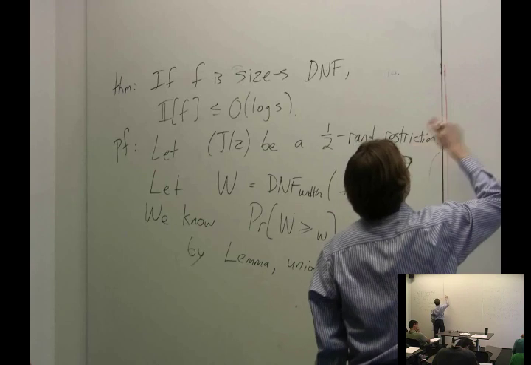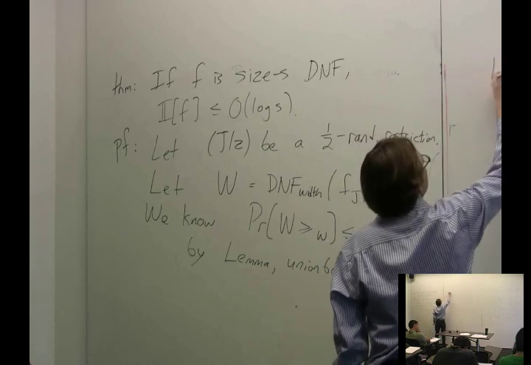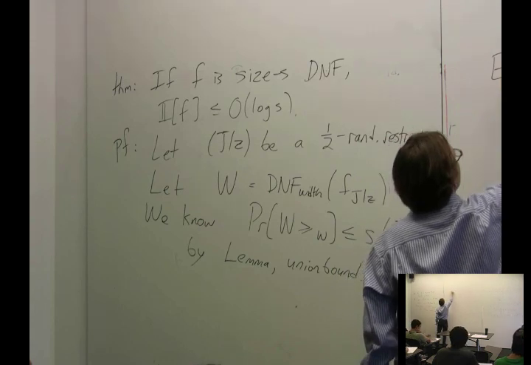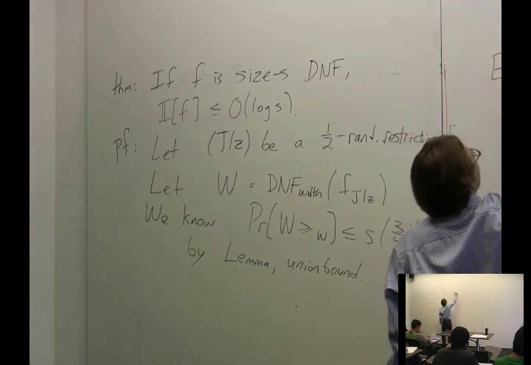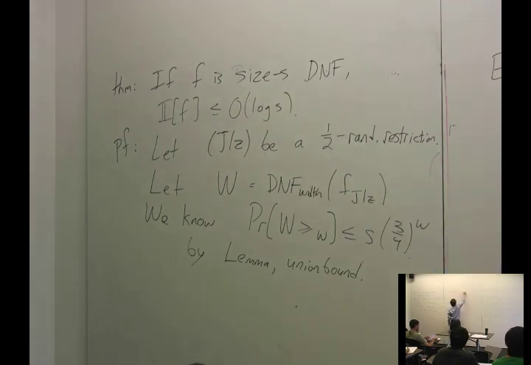Okay, so the total influence. One thing we know is that the expected value of the total influence of the restricted function is equal to delta times the total influence of the original function, which in this case is 1/2.